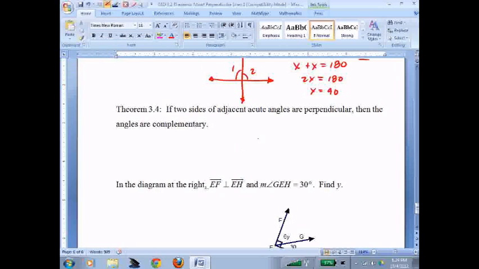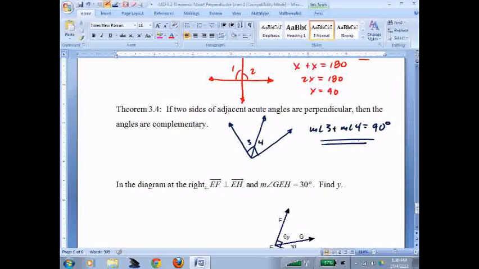And another one, if two sides of an adjacent acute angle, so like angle, let's give them some different numbers, 3 and 4 are both acute, and we know these are perpendicular, then we know that the measure of angle 3 plus the measure of angle 4 equals 90 degrees.